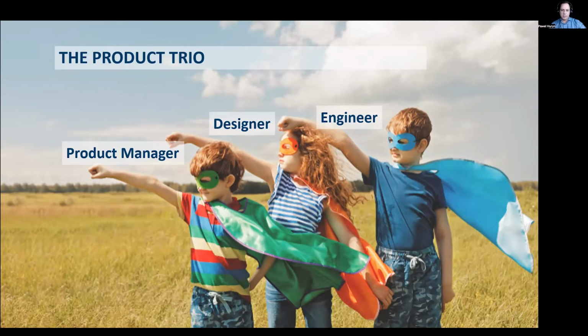This will allow us to build a shared understanding, and also we can stay open to different perspectives because every person brings different experience to the table. And from my experience, often the best ideas came from engineers, not from designers, not from product managers. So engineers know what is possible.